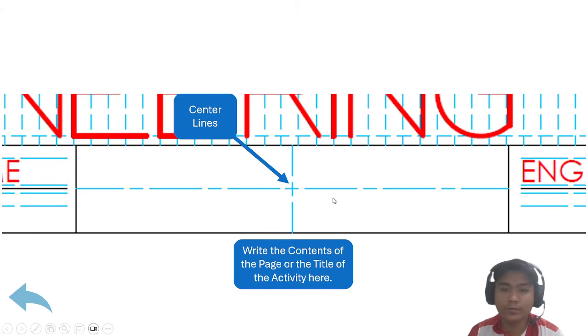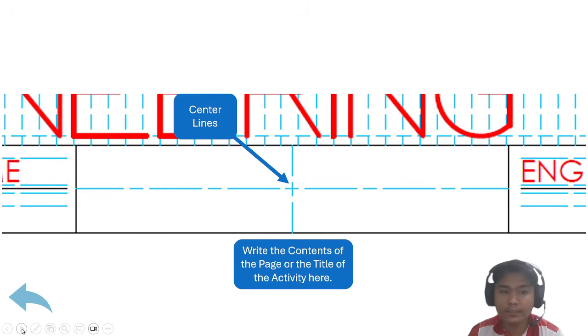It's up to you to determine the lettering height for this contents of the page. It's your style, but I suggest that it's still on center. Regardless of the size, I want to see the letterings in center.